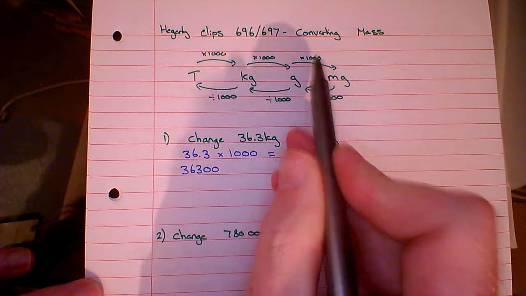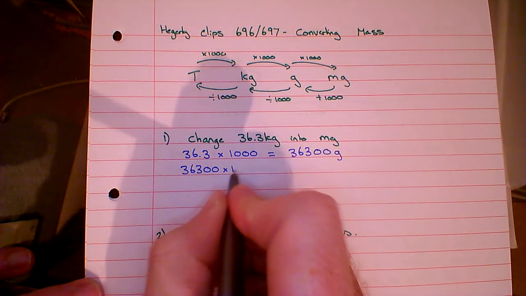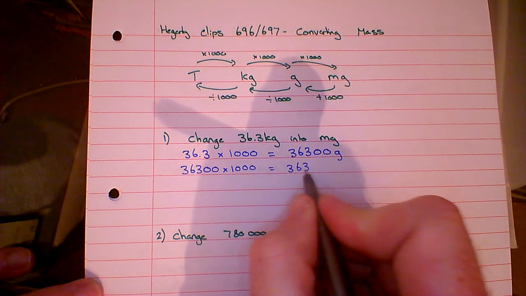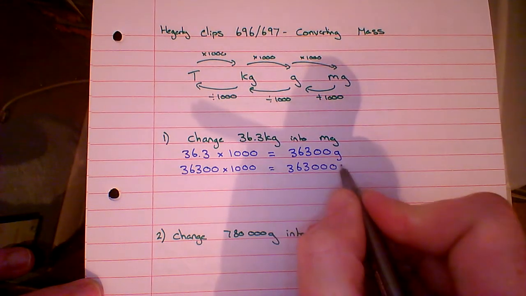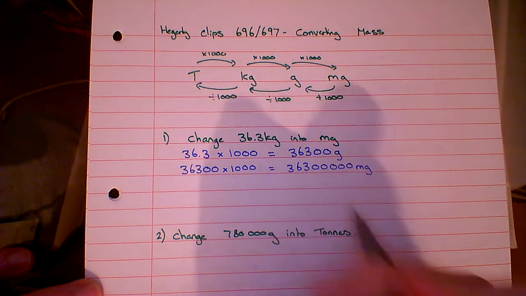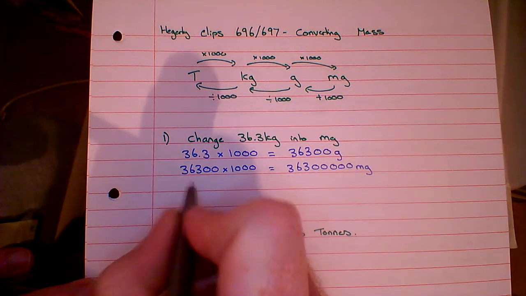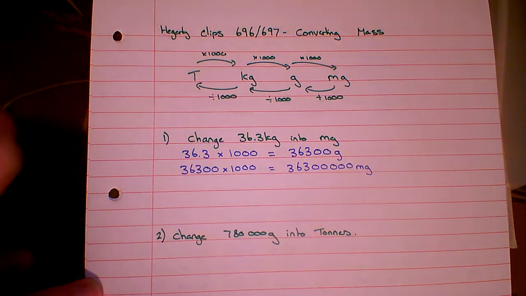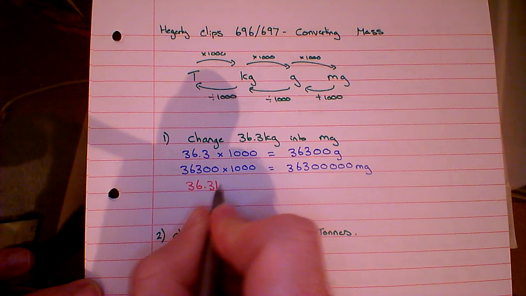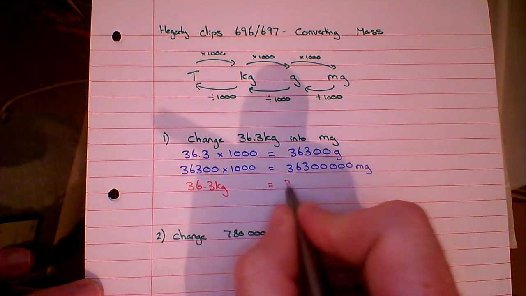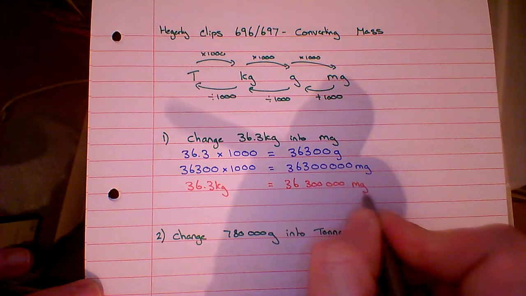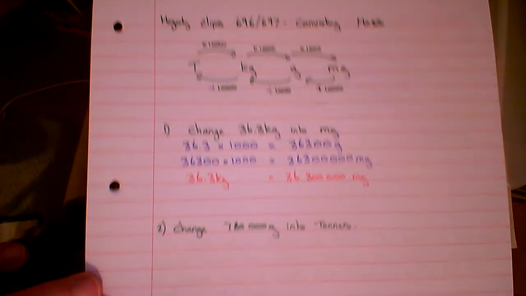So grams to milligrams, multiplied by 1,000 again. We're going to add 3 zeros on the end. 1, 2, 3. 36,300,000 milligrams. So on the final line of working, I'm going to write out what we've done. We've done 36.3 kilograms, and that is equal to 36,300,000 milligrams. Taking it step by step.